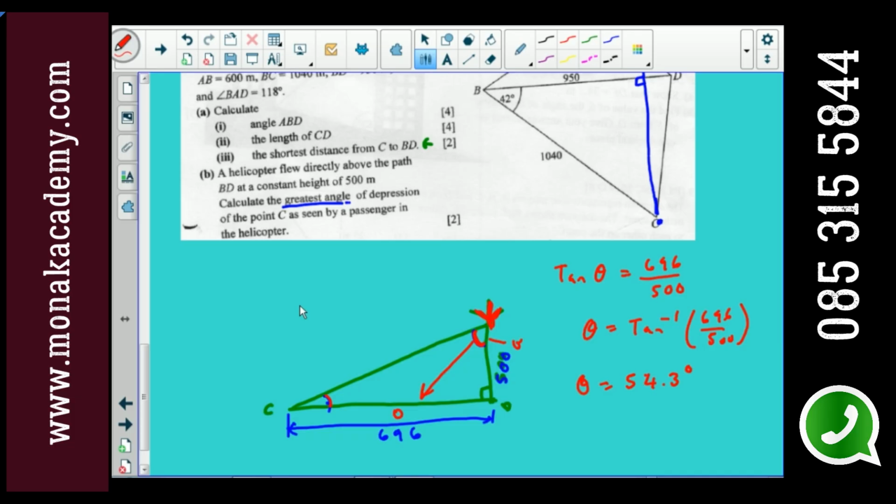Okay. So the reason why they made us calculate number 3, to get the shortest distance from C to BD, is so that we're able to do B. Somehow they had to be related.